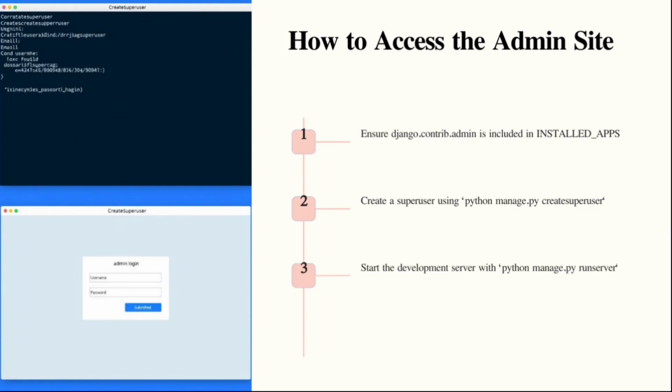Then start your development server. Finally, navigate to /admin in your browser to access the admin site and log in using the superuser credentials. At this point, your admin site is ready to use. Now let's jump into Visual Studio Code and walk through these steps together.